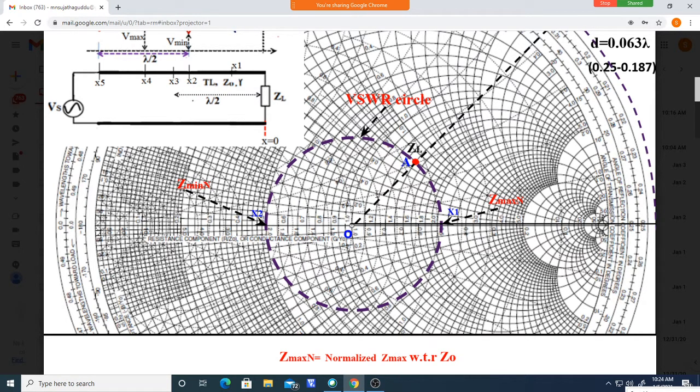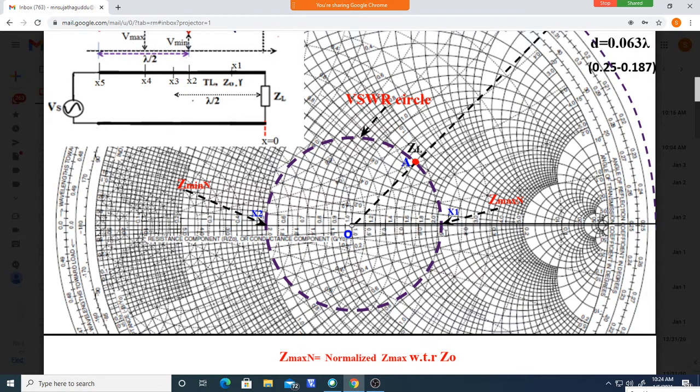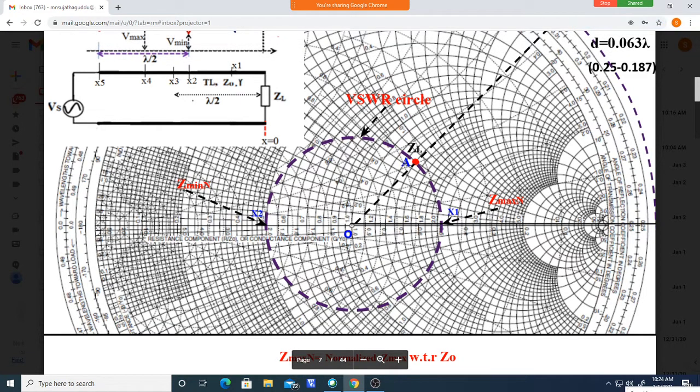So all those parameters you can find: reflection coefficient, maxima distance, minima distance, maxima value, minima value, and also at what distance from the load the impedance real part is 1 and the admittance real part is 1. Wherever the VSWR circle cuts the R equal to 1 circle, at that point impedance is 1 plus or minus jx. Real part of impedance is 1, so you can read the distance.